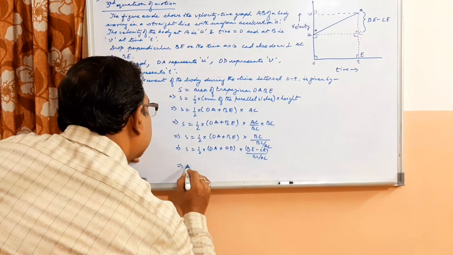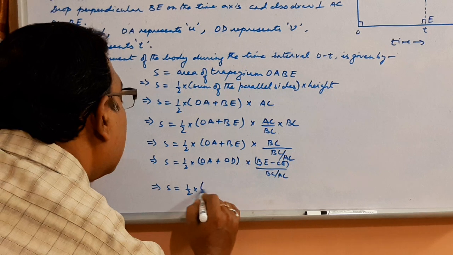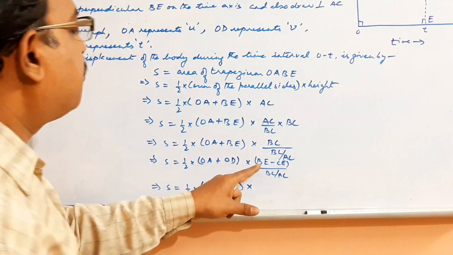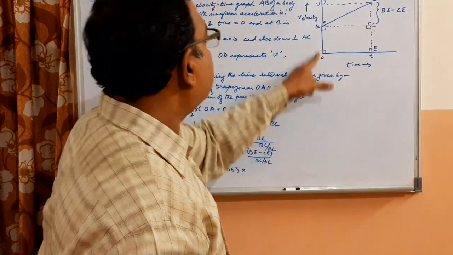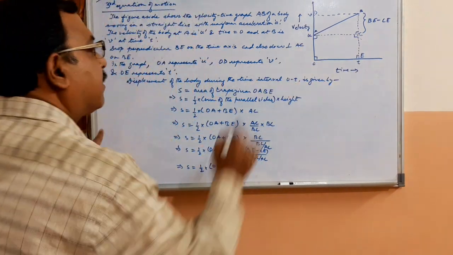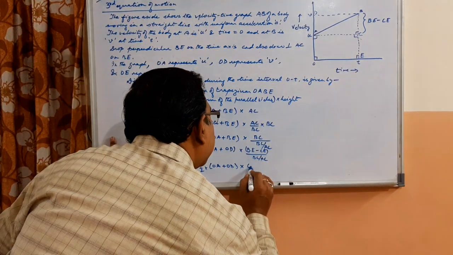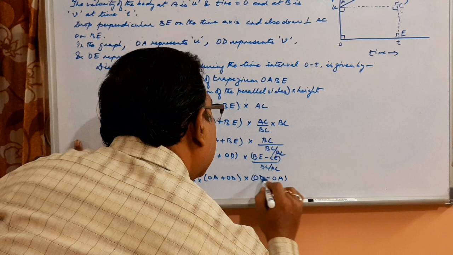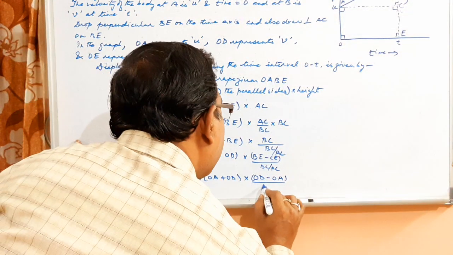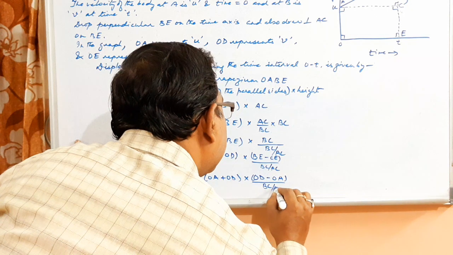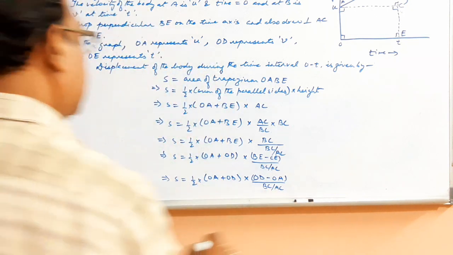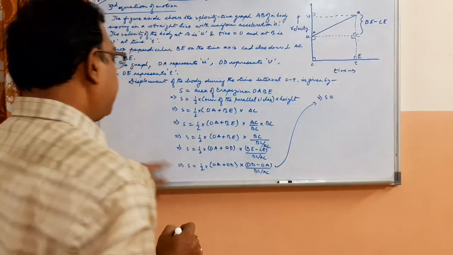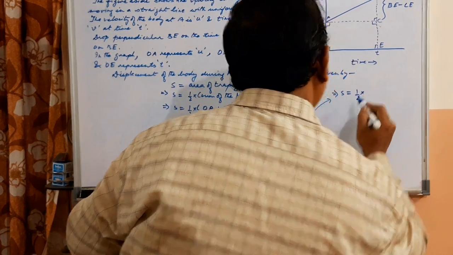So this implies S is equal to half of OA plus OD multiplied by, now BE is represented by OD and CE is represented by OA. So in place of BE I can write OD minus, in place of CE I can write OA, divided by BC by AC.